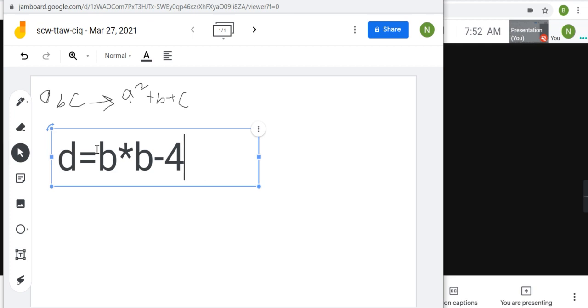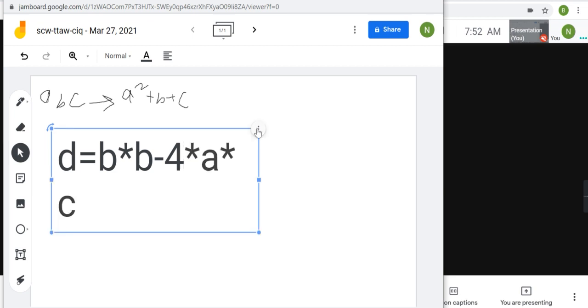This is a formula to find the roots of a quadratic equation, right? So we all already know this is a formula to find the roots of a quadratic equation.